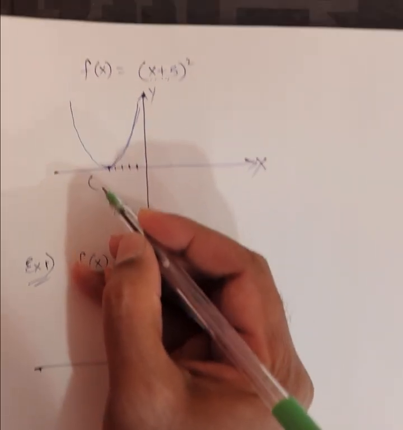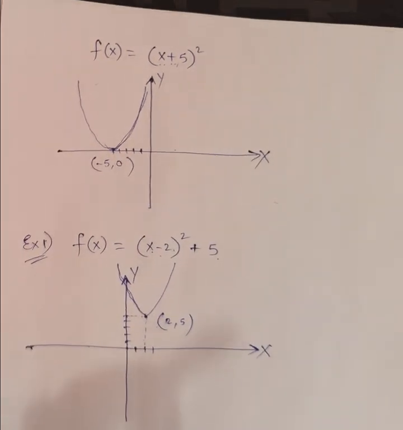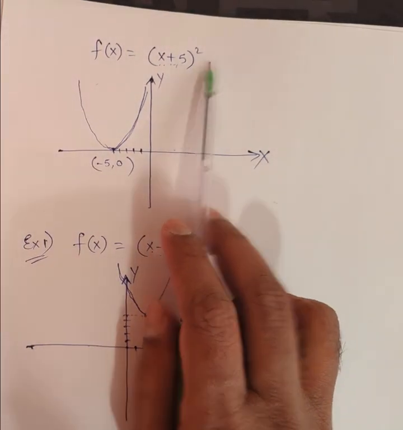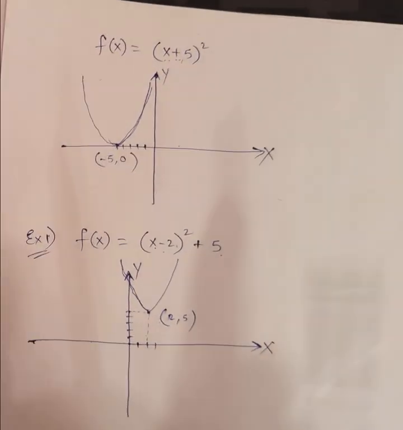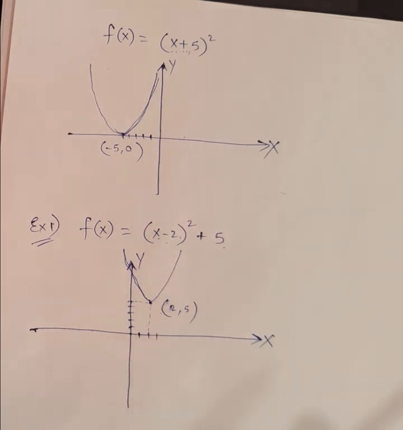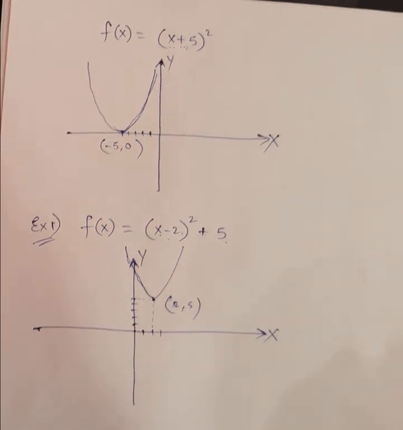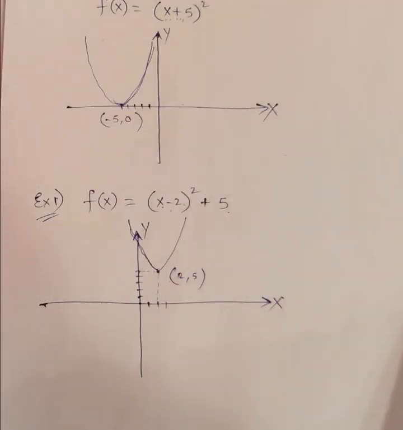Here it was at (negative 5, 0). There was no vertical shift here or here. But here there is a vertical shift. So with this we covered vertical shift and horizontal shift.